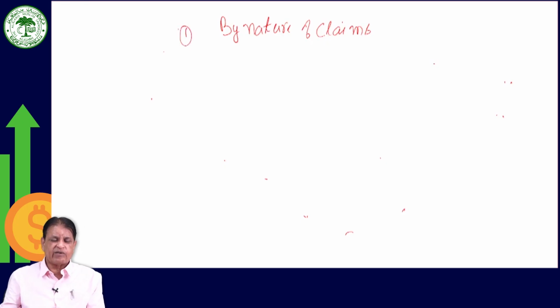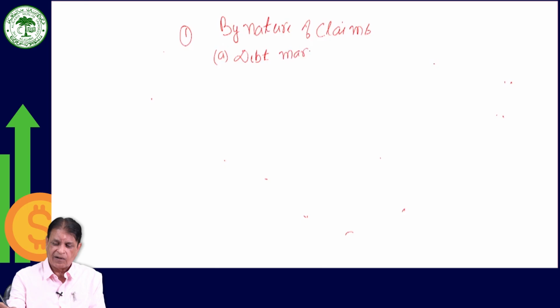So, by nature of claim, what is the nature of claim? Financial market can be divided into two parts. One is known as debt market, and another is known as equity market.